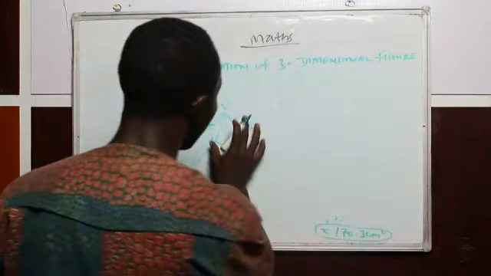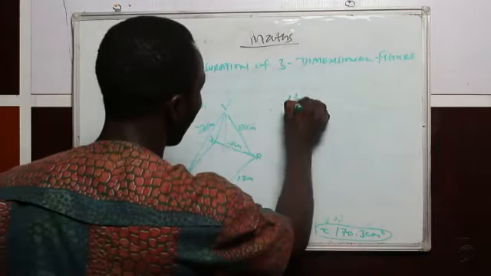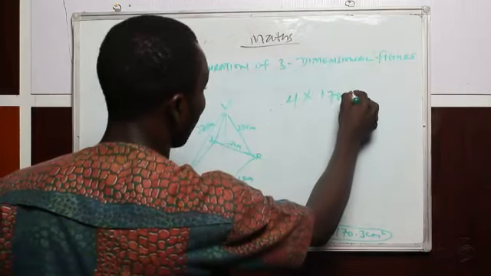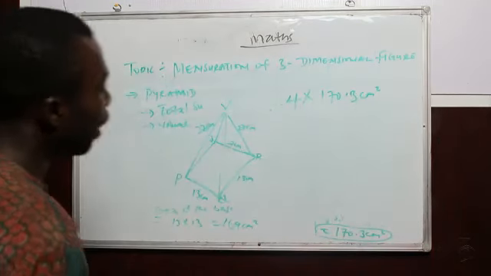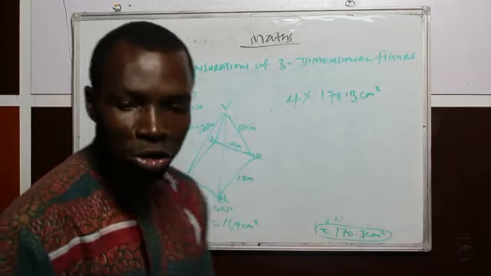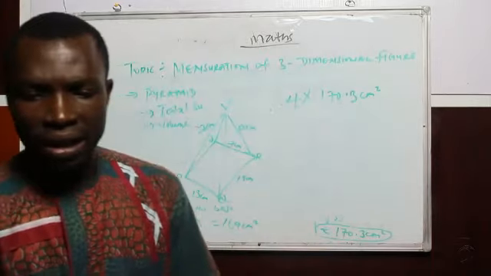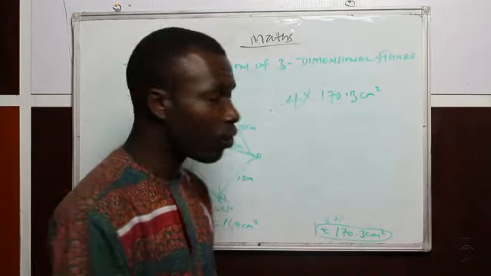Therefore, because it is 4 isosceles triangles, 4 times 170.3 square centimeter. Use your calculator to confirm your answer. The answer is supposed to give us 681.4.